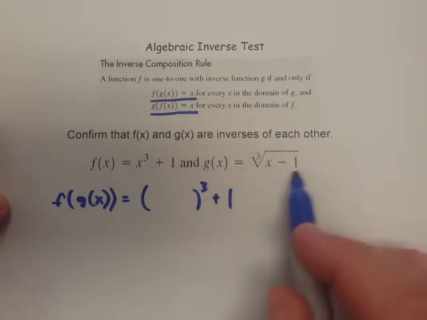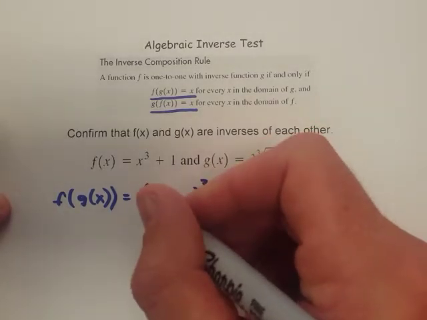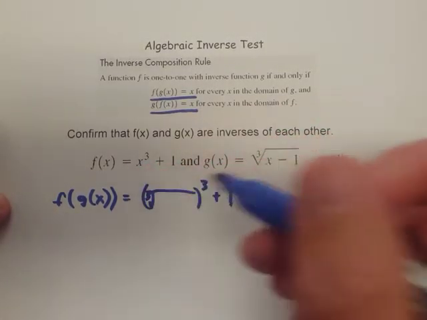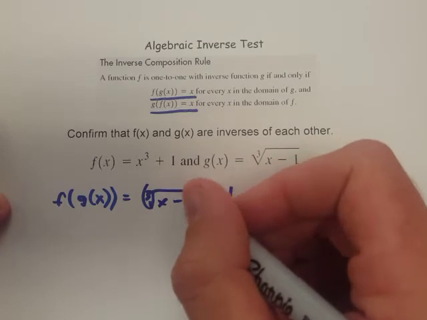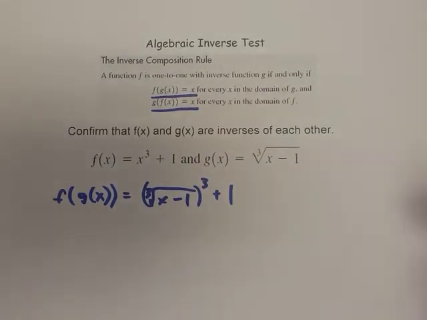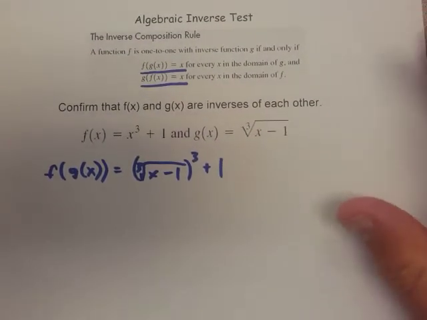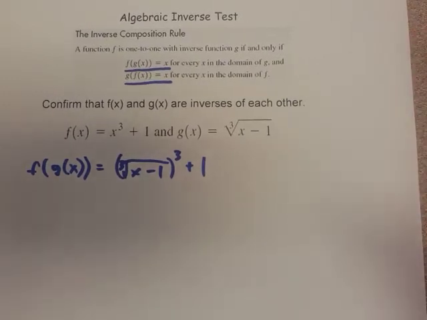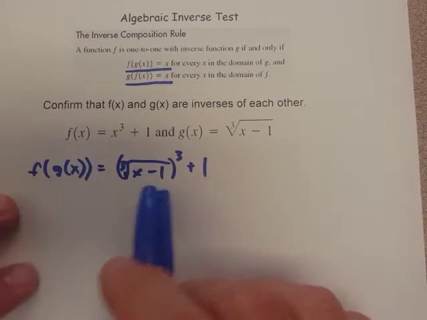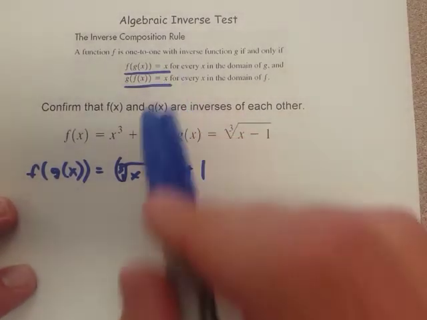And then I'm going to insert this one into the empty space. So cube root of x minus 1. Now I've got to prove, this is essentially a proof, you're just verifying algebraically, that this turns into x.